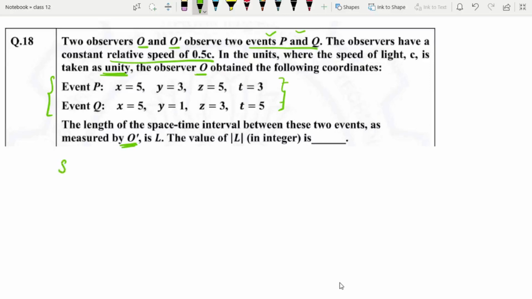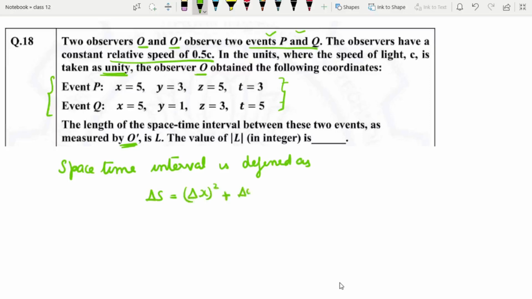The space-time interval is defined as delta S is equal to the root of delta x squared plus delta y squared plus delta z squared minus c delta t squared.